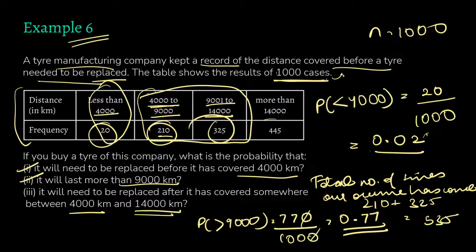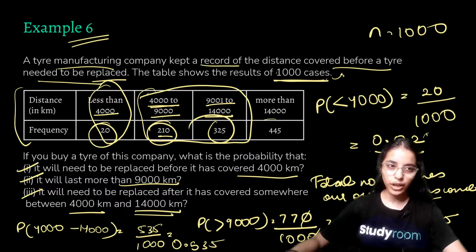And now the probability of 4,000 to 14,000 is 535 divided by 1,000, which is equal to 0.535. Now these are the probabilities for all these three cases that have been asked in our question.